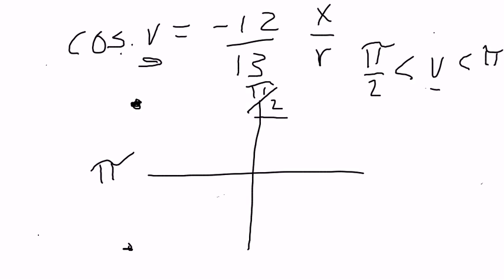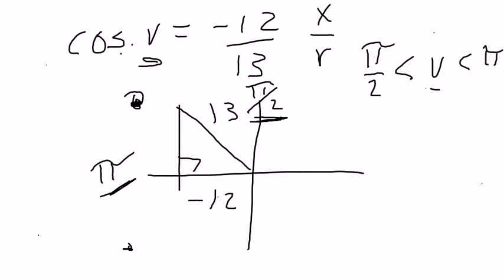So our angle has to be between here and here. That means we have to be in quadrant 3. So I'm going to draw my triangle and put in the values I know. I know x is negative 12, and I know the hypotenuse is 13. Pythagorean's theorem, 13 squared minus 12 squared is 25. The square root of 25 is 5.